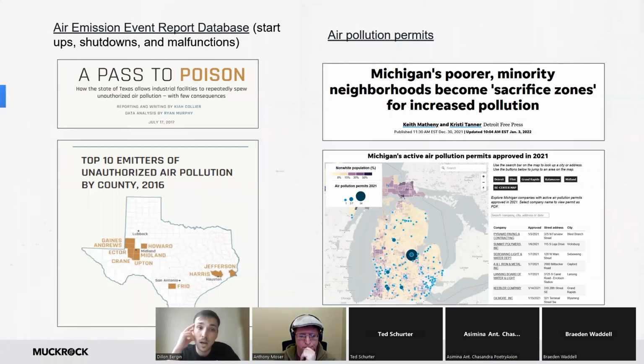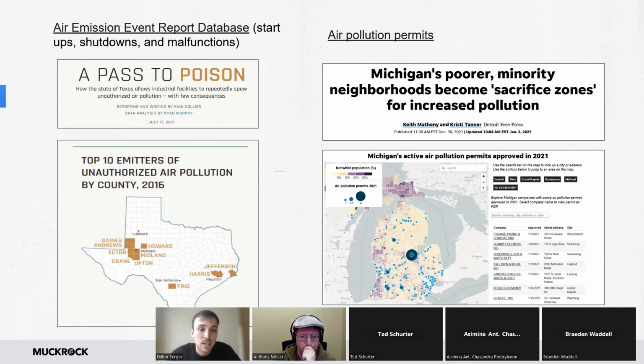These two journalistic articles are, I think, really great examples of reporting done using those types of documents. The one on the left, A Path to Poison, was published by the Texas Tribune. They were able to get access to, or I think it may actually have already been open and not just public, the Air Emission Event Report database, which is a very general and deliberately maybe ambiguous name for startup shutdowns and malfunctions.